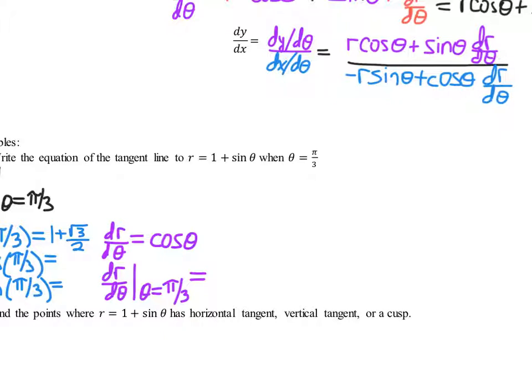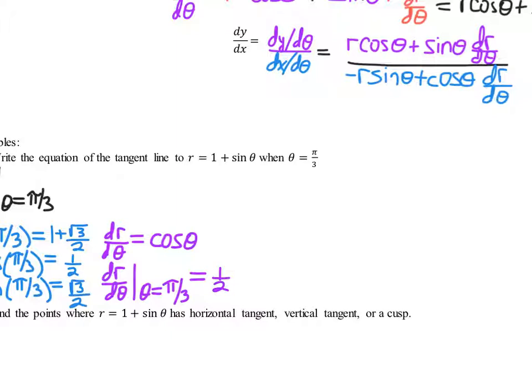All right, cosine of pi over 3, that's the nice one. That's 1/2. Sine of pi over 3 again is radical 3 over 2. And then, since the derivative of my polar equation r was cosine, it's again cosine at pi over 3, which is going to be 1/2.